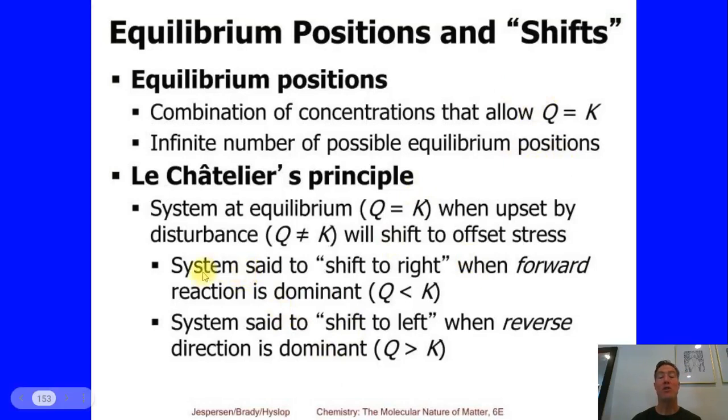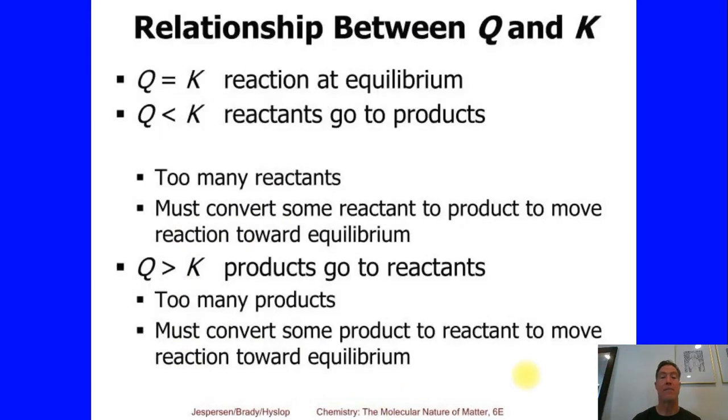If Q is too small, that would be the case where it doesn't have enough product. Well, then it's going to shift toward product to get back in balance with K. If Q is too large, that means it has way too much product, then it's going to shift to the reactant side to get rid of some of that product until it gets back to K.